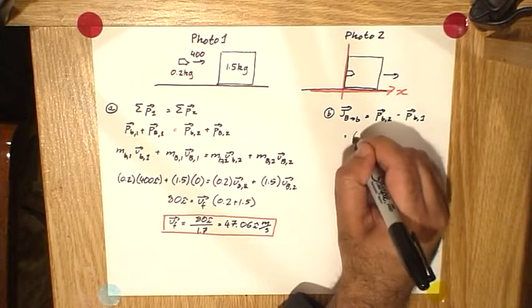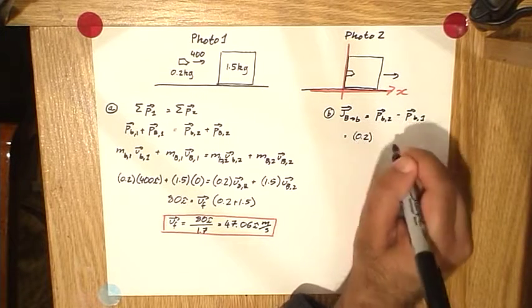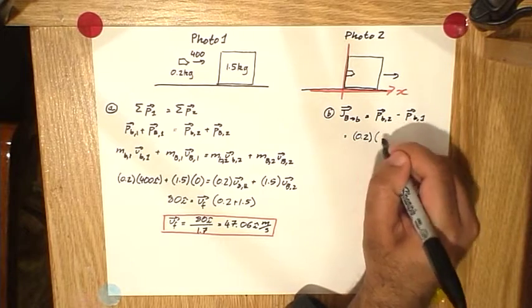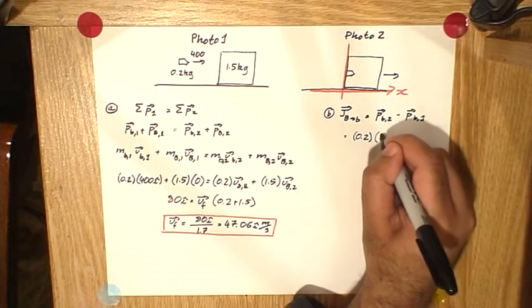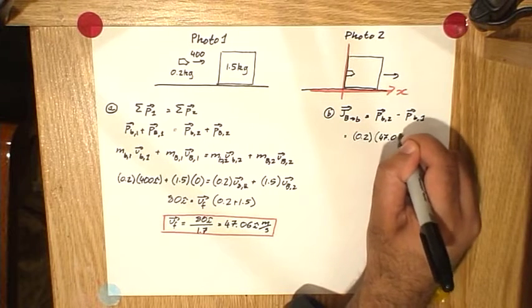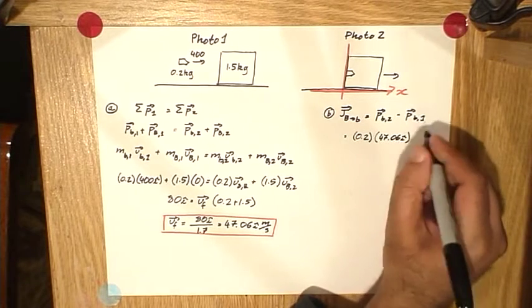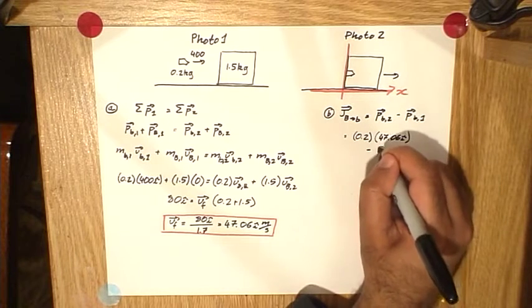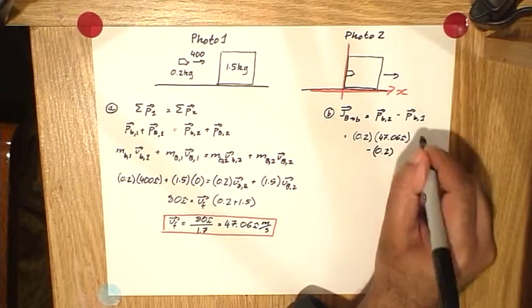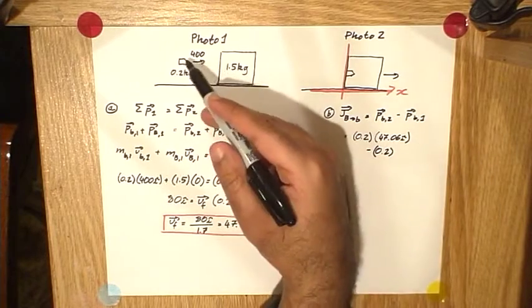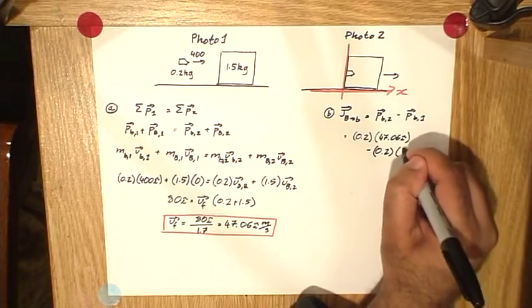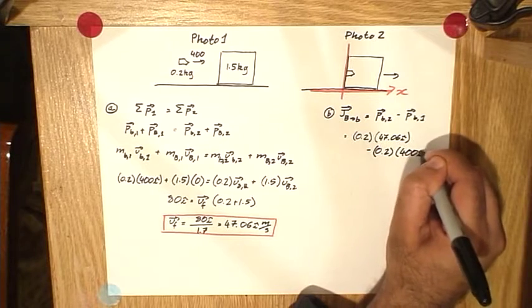So that works out to 0.2 multiplied by the final velocity of the bullet, 47.06 i hat, minus 0.2 times the velocity of this bullet immediately before the collision, which was 400 i hat.